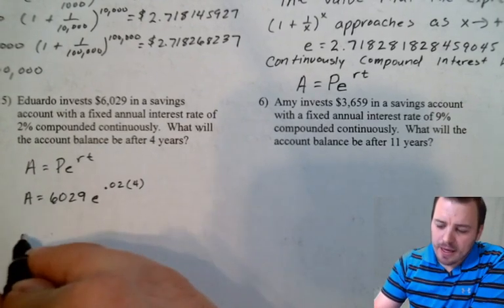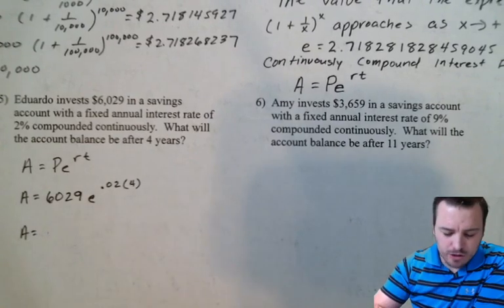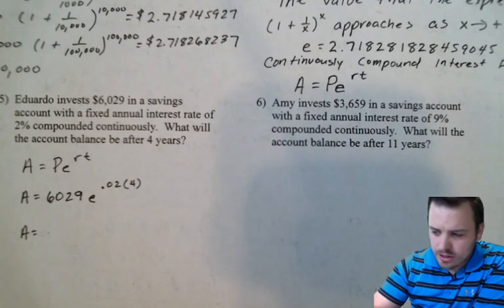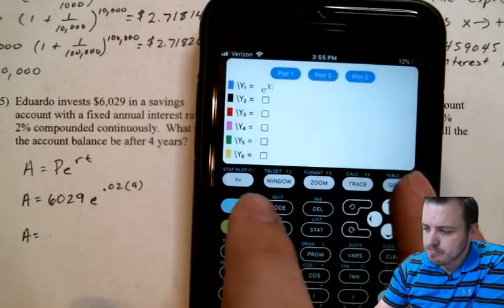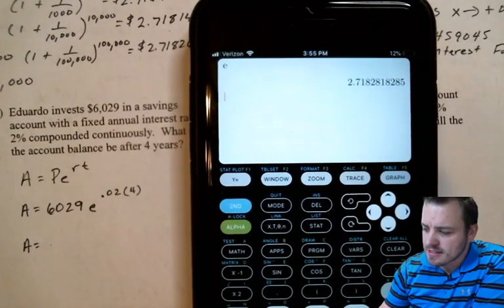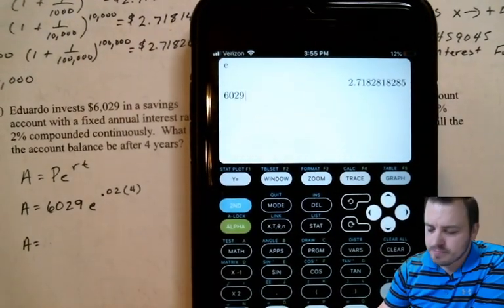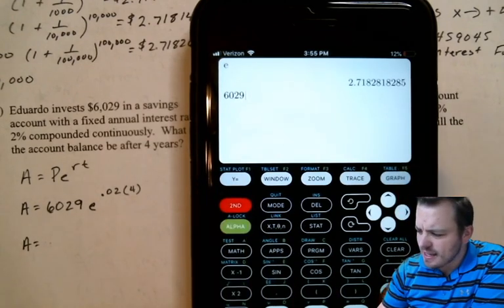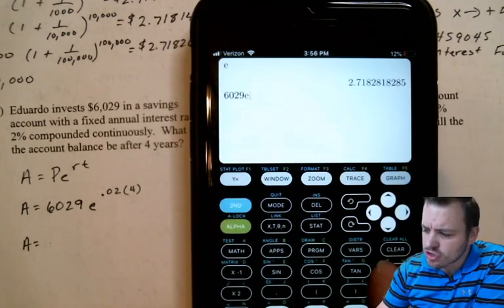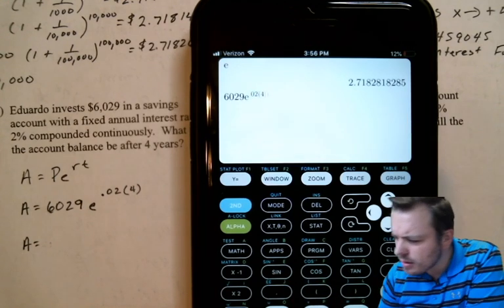And that would be A is equal to, now I'll type it in once to my calculator here so you can see it. So I would say 6,029 times E raised to the 0.02 times 4 power.